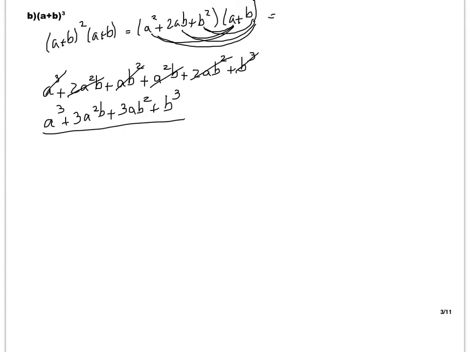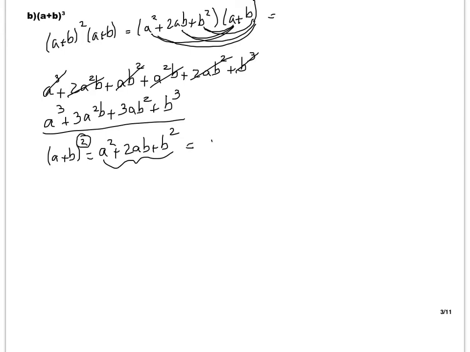Just one thing very interesting is that if you remember, a plus b squared was a squared plus 2ab plus b squared. The exponent here is 2 and the number of terms here is 3. The other thing is that look at the way I can rewrite this expression on the right.